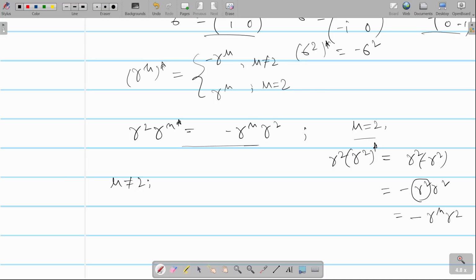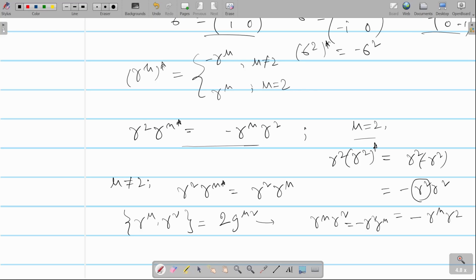So when mu is not equal to 2, start with gamma 2 gamma mu, but we know one thing, that the Clifford algebra is given by the following expression: the anticommutator of gamma mu and gamma nu is given by 2 g mu nu, and this g mu nu is the Minkowski metric, and when mu and nu are not equal to each other, you have 0, and as a result you have this following identity, right?